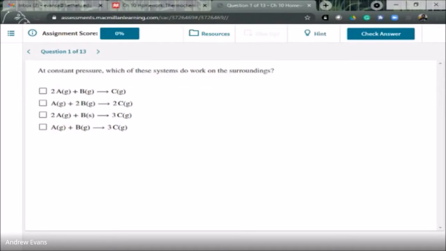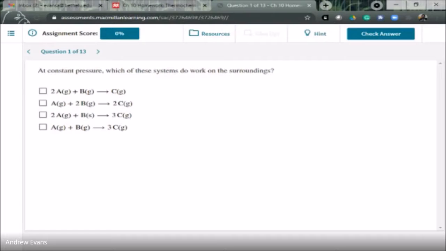This one's a little bit harder because we're not quite there yet. As soon as we hit the gas phase chapter, it'll make a little bit more sense. But the idea of work is created by, at a constant pressure, a volume expands. Now, an ideal gas, which is something we'll talk about next chapter, we treat all gases as identical.